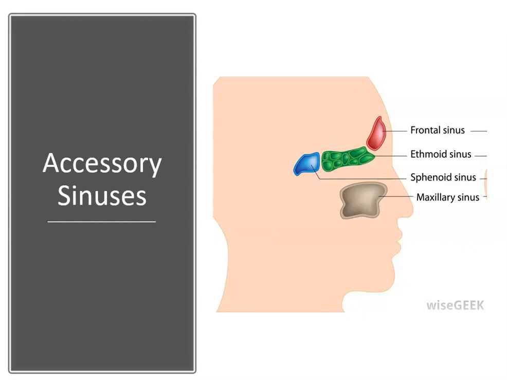Whenever you code a new procedure for the first time, don't just read over the words and not understand what you are doing and where it is on the body part. Get a picture so you can actually see the difference between the frontal sinus and the sphenoid sinus. What role does that particular body part play?